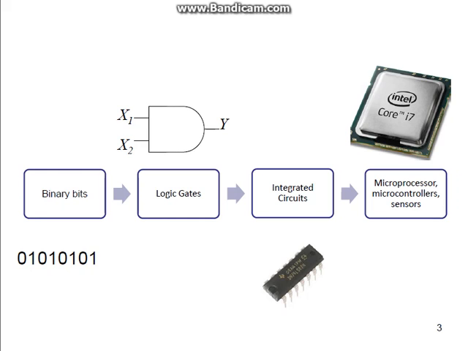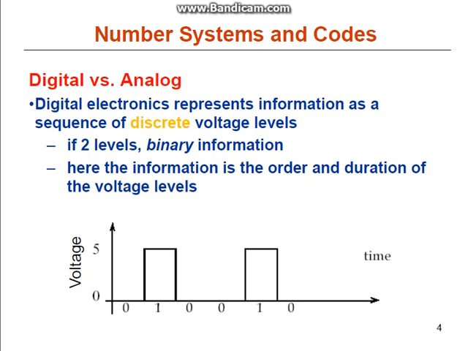And where do you see all these things? We see them in microprocessors, microcontrollers, sensors, basically everything that you have in your hand nowadays, your PC, your computer, smartphones, and things like that. So remember we talked a little bit about digital and analog.